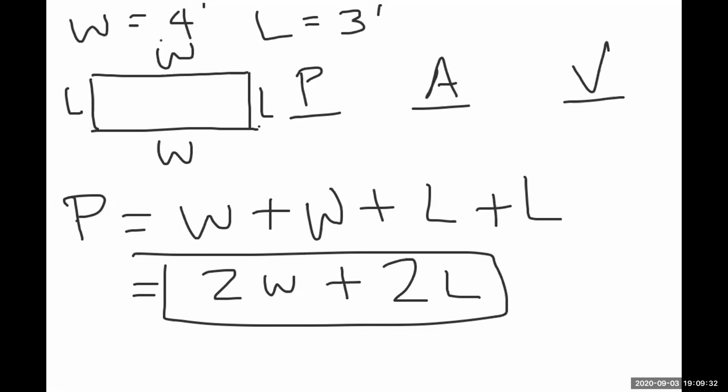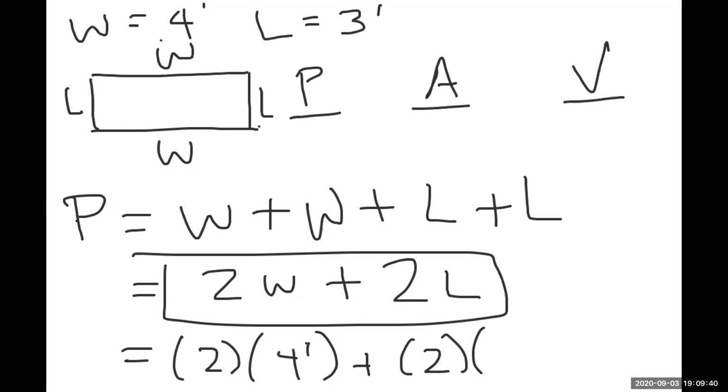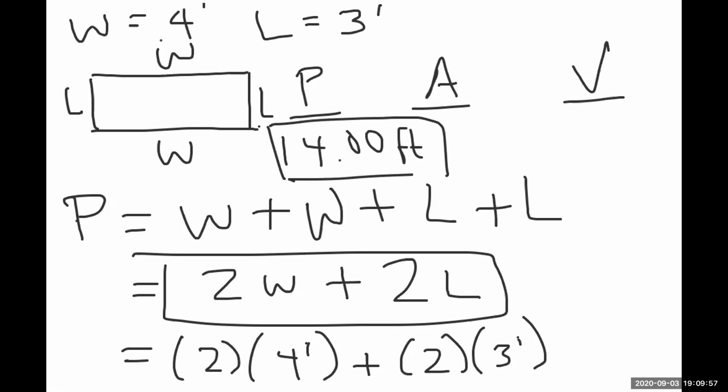So if we say 2 times the width, which is 4 feet, plus 2 times the length, which is 3 feet. 4 times 2 is 8. 3 times 2 is 6. 8 plus 6 is 14. So the perimeter would be 14.00 feet. Okay?